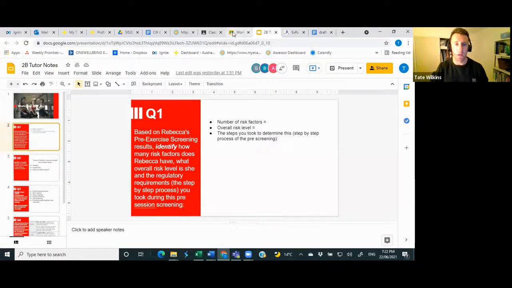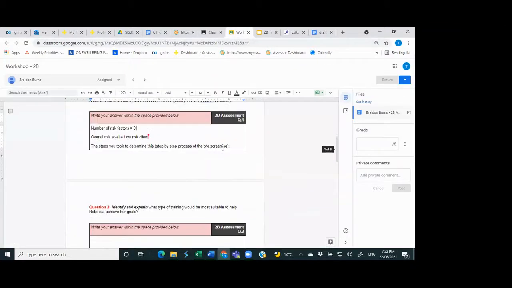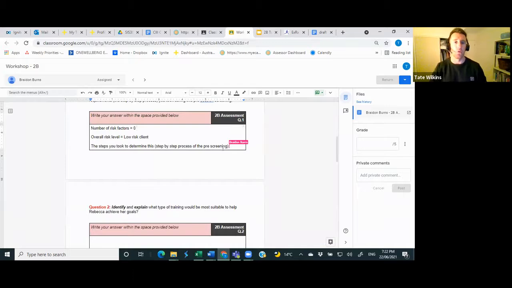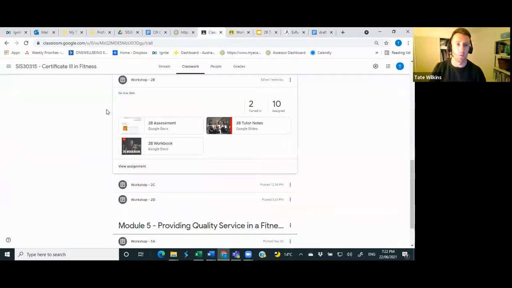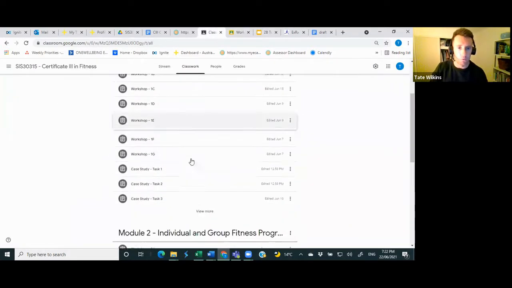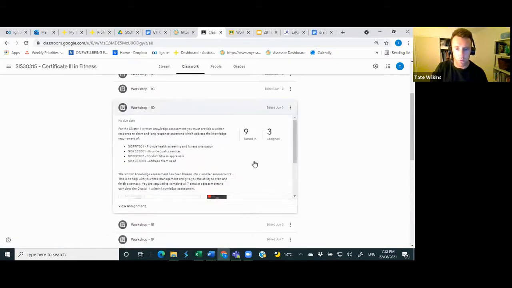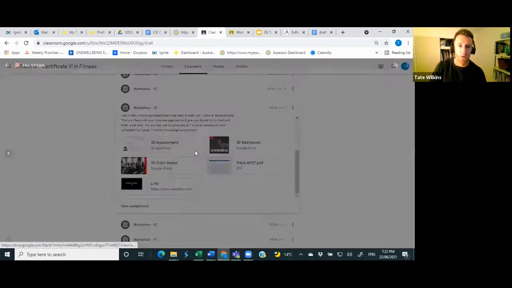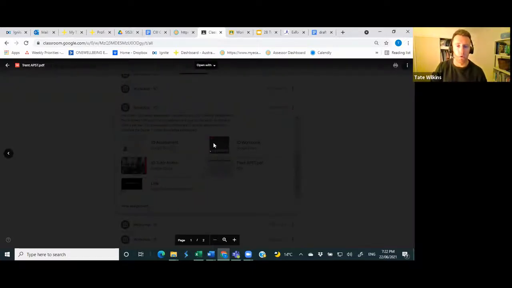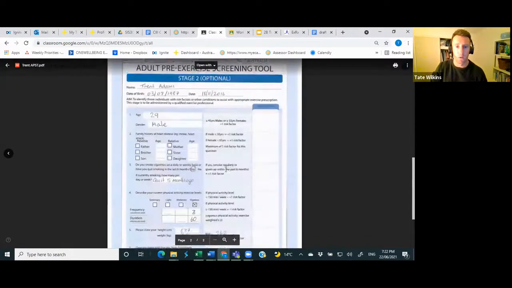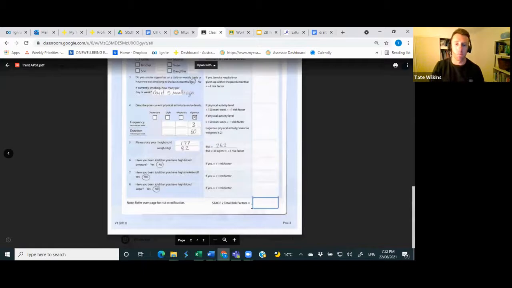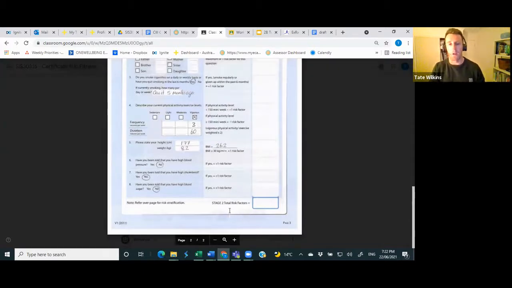And the steps we took to determine this pre-screening. For the overall risk level, you're working out if she's got less than... Let me get up the module, pre-screen. All right, boom. So how do we work out the risk? Pretty much we're looking at total risk factors and using the risk stratification.